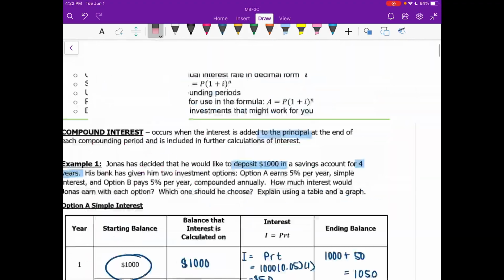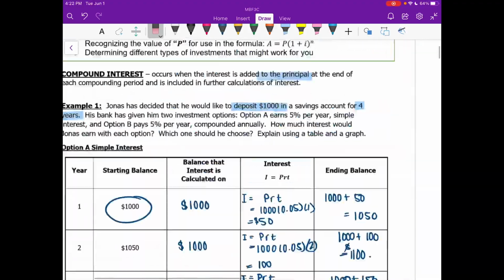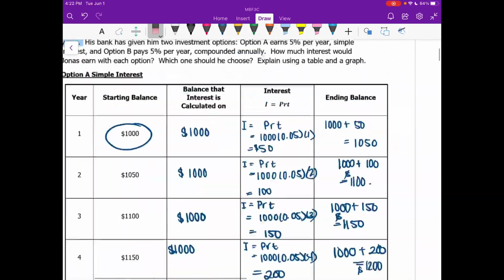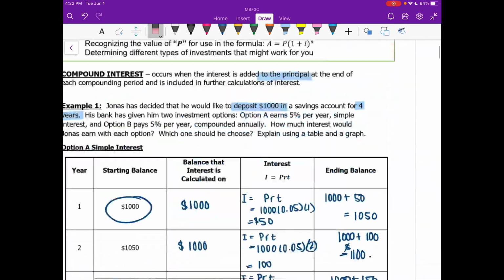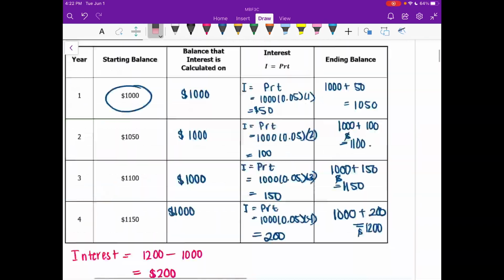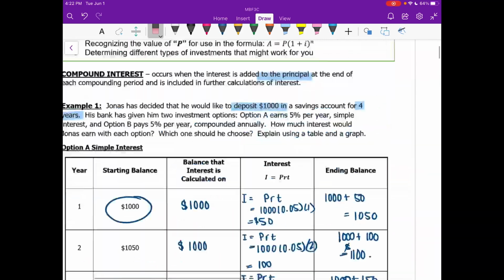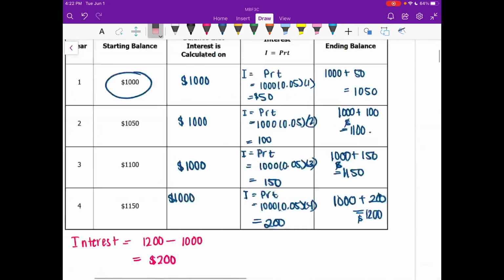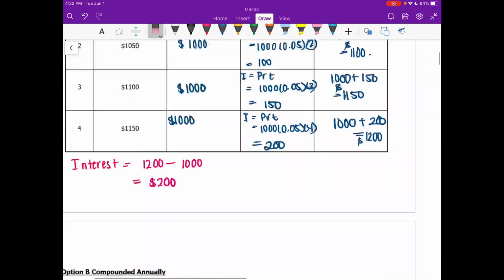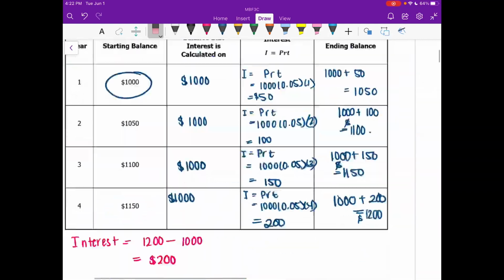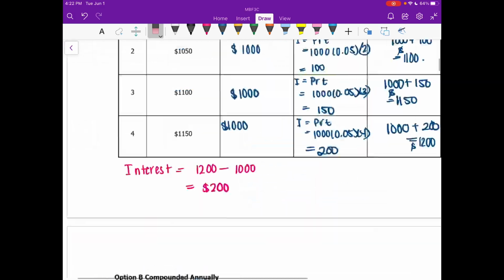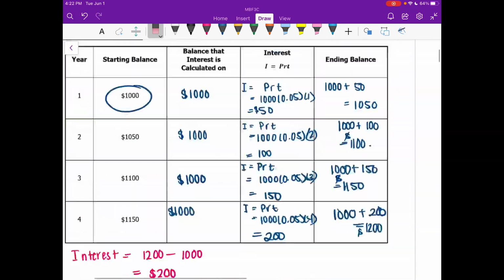Right? So I'm just going to write myself a therefore statement. Therefore, this person will make $805 in interest and $2,805.10 in total. We can already tell that B is better than A. You're already making more money.